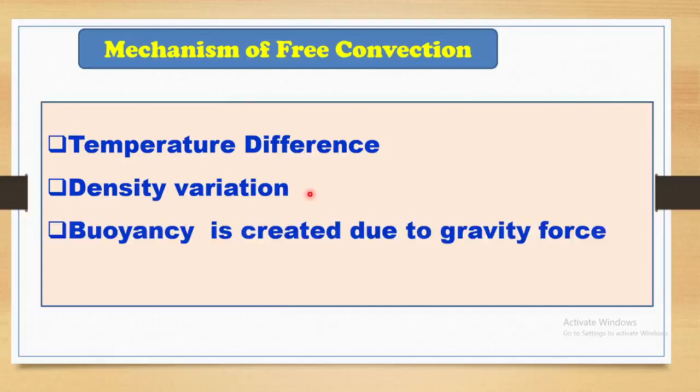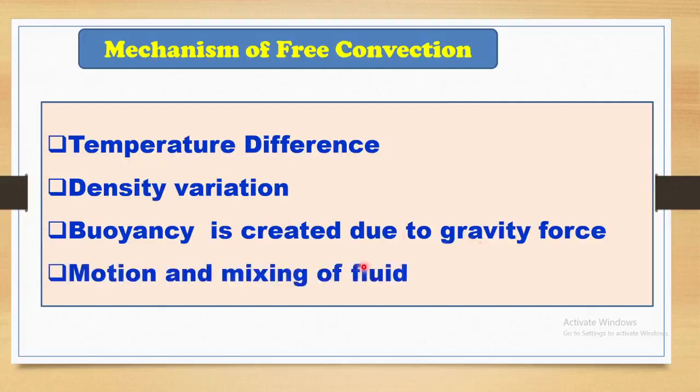This density variation between the different particles of the fluid causes buoyancy due to gravity forces, and this buoyancy causes motion and mixing of fluid, which basically affects the heat transfer.